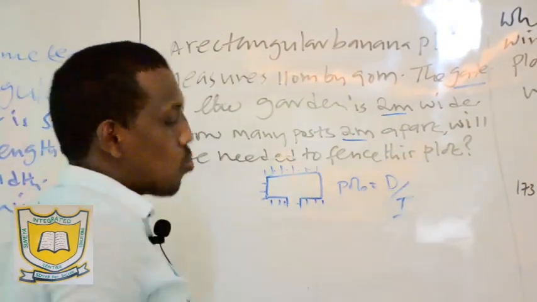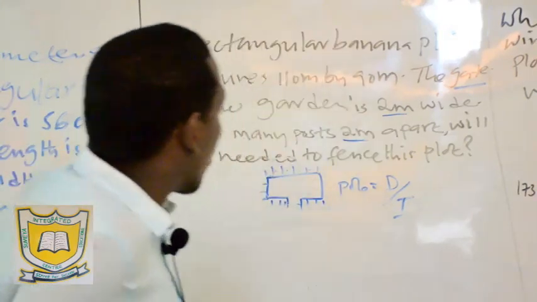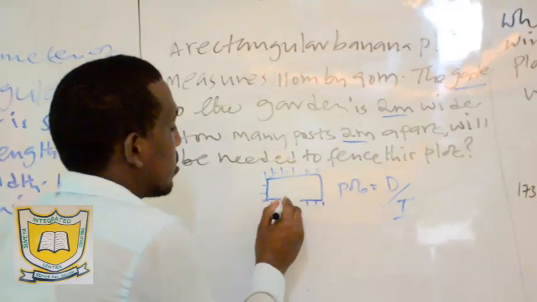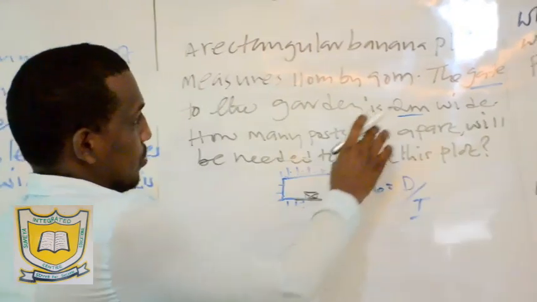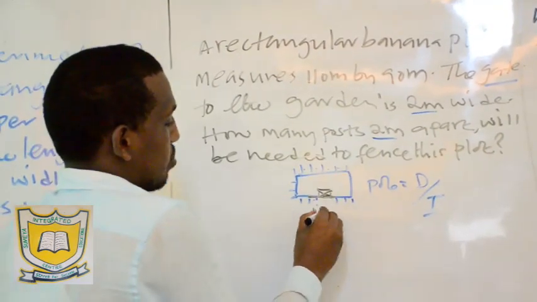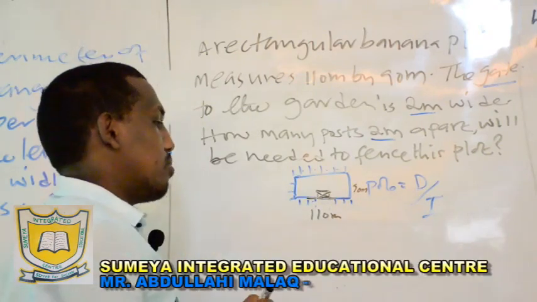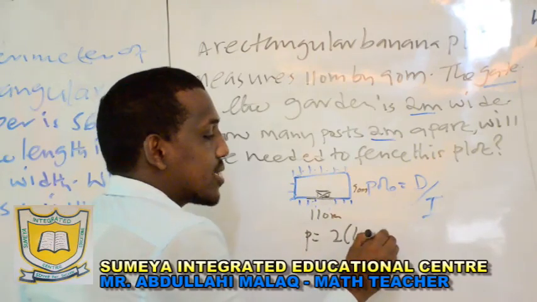So what do we do with the distance now? Distance, you get the perimeter of the rectangle. You're told the length is 110 meters and the width is 90 meters. How do we get the perimeter of a rectangle? Perimeter is equal to 2 into bracket length plus width.